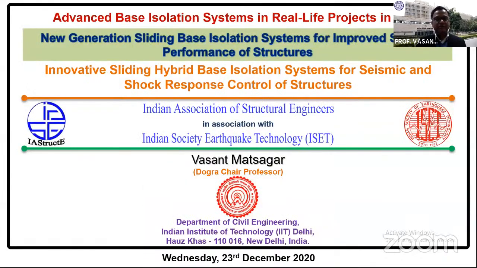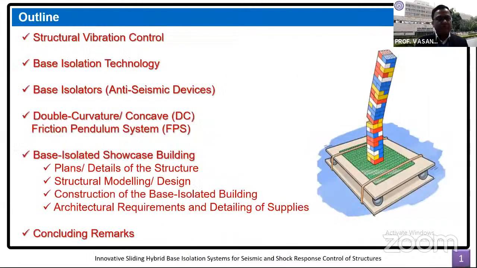With this, I would start my discussion on these new generation sliding base isolation systems for improved seismic performance of structures. This will be my outline of the presentation. I will cursorily talk about structural vibration control, because Professor Dev has already introduced structural vibration control as well as base isolation technology in general.